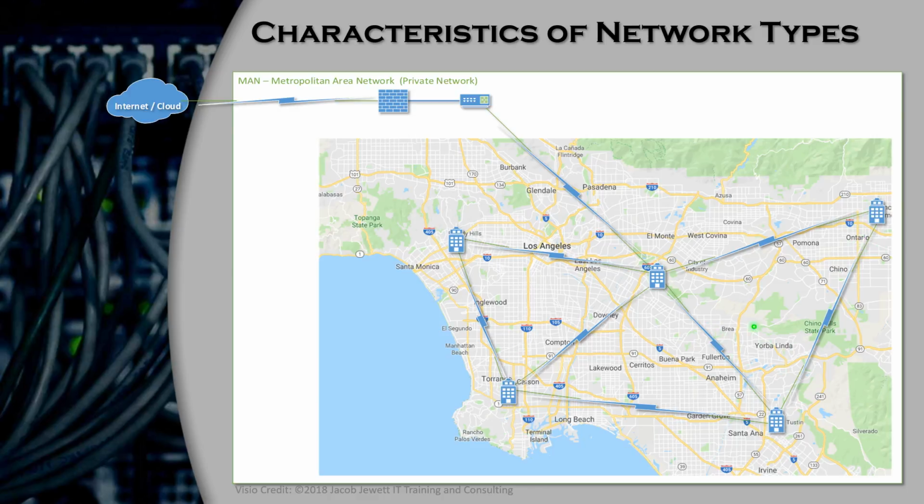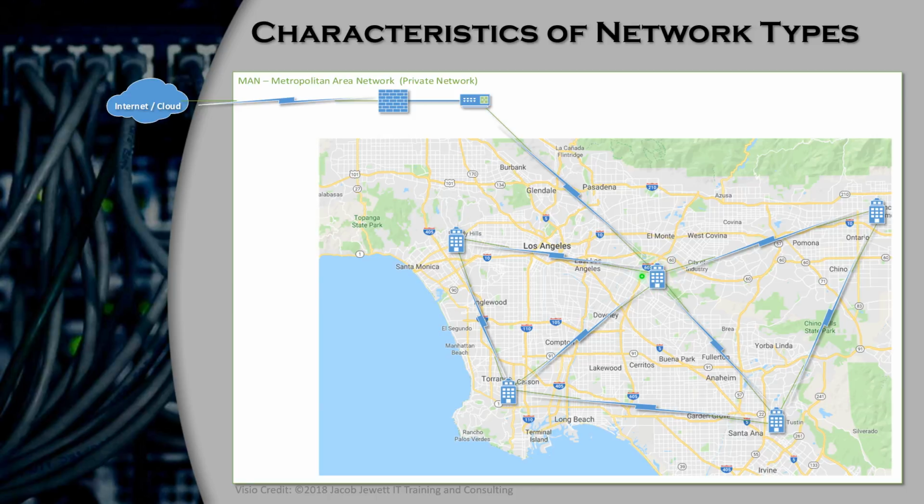For example, let's say that this one is your headquarters, so you have a campus of five buildings. You would have multiple LANs in this area, and each building in your corporate campus would be considered a LAN.